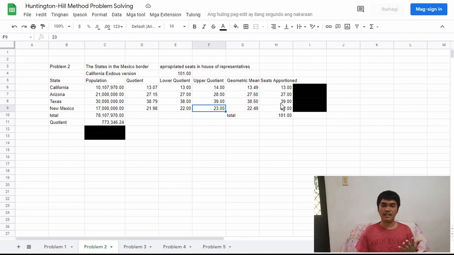So the final appropriated seat, which is 20. In Texas, it is interesting because they still get another seat from 38 to 39.